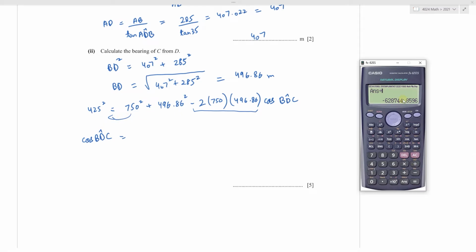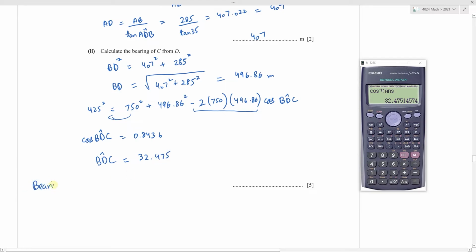So this will be divided by minus 2 into 750 into 496.86. This is 0.8436 and BDC will be the cos inverse of this. So this is 32.475.